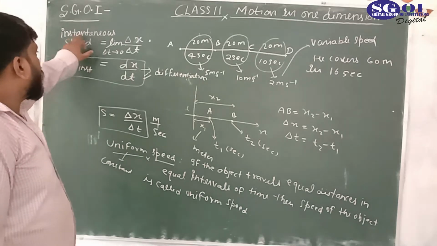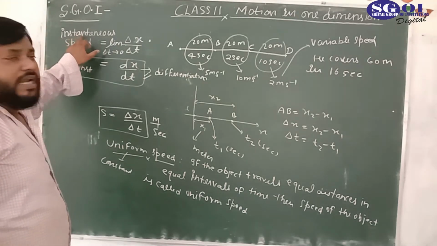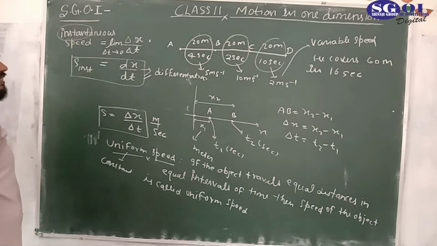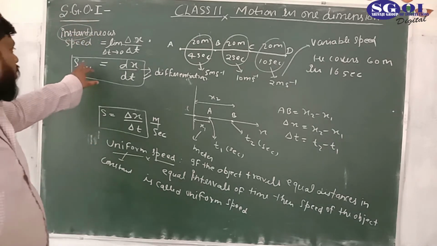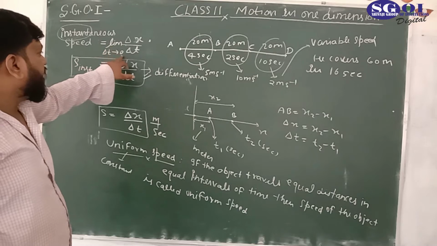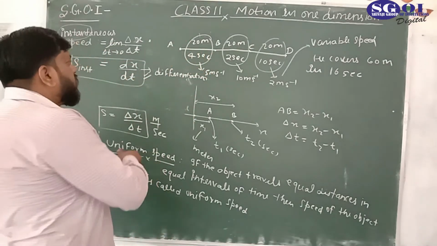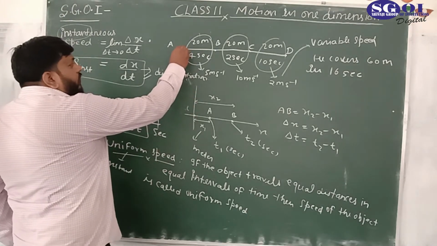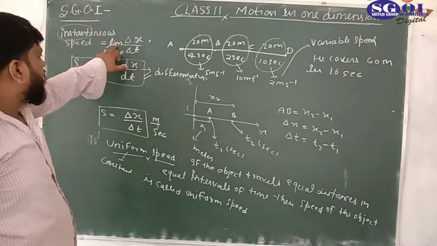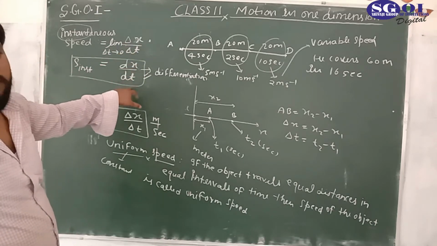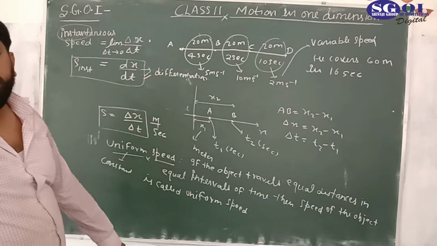Then we would talk about instantaneous speed, means speed at each and every instant of time. So for that we are putting limit delta t tends to 0, for a very small interval of time, and with this limit delta x by delta t becomes dx by dt in mathematics, which is differentiation of x.